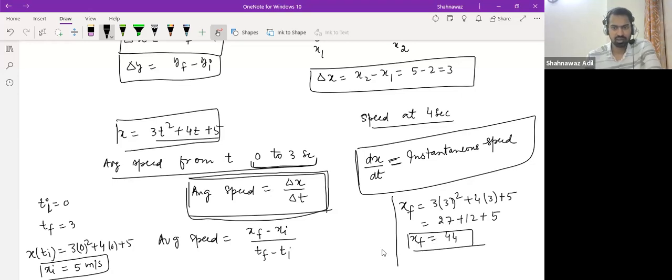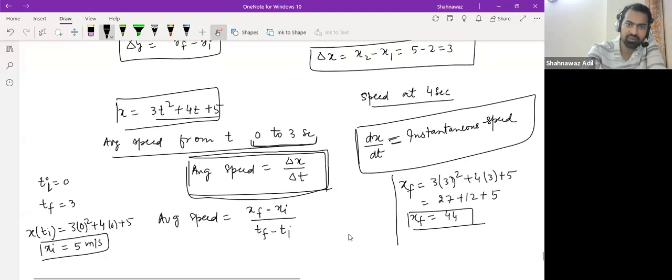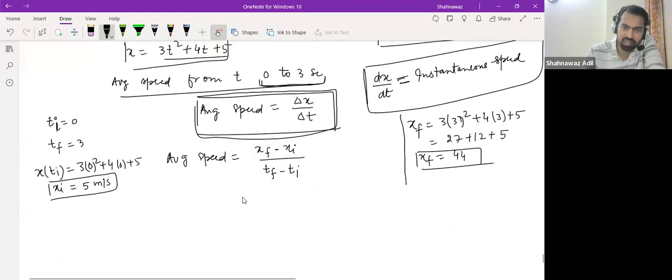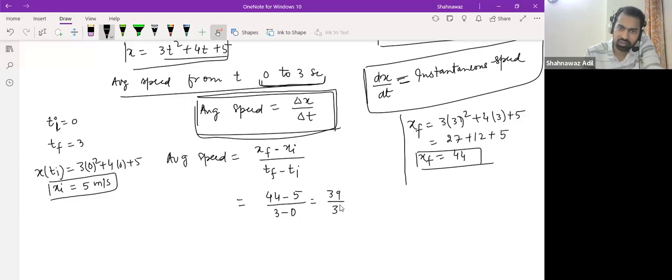Now we know x final, x initial, t final, and t initial. So what would be the average speed? Average speed is 44 minus 5 divided by 3 minus 0. So this is 39 by 3, which is 13 meters per second.